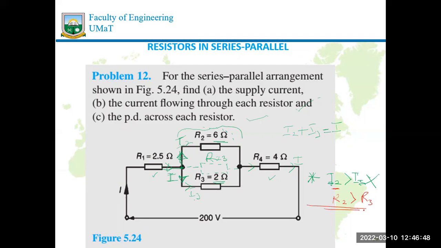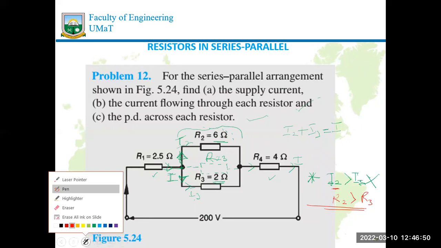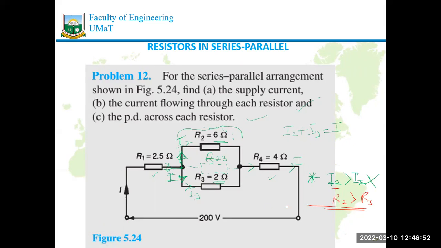What should be happening is that my I3 will be greater than my I2. And that means whatever I calculated will be correct.